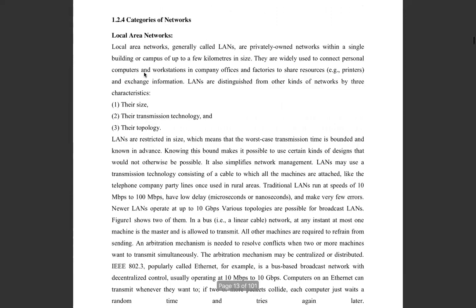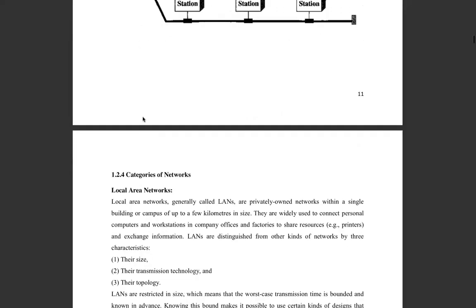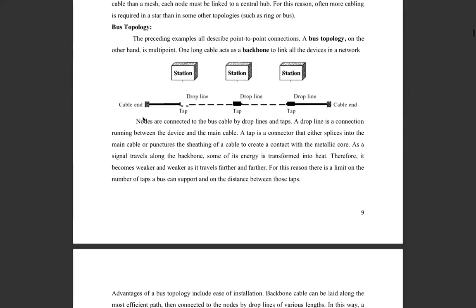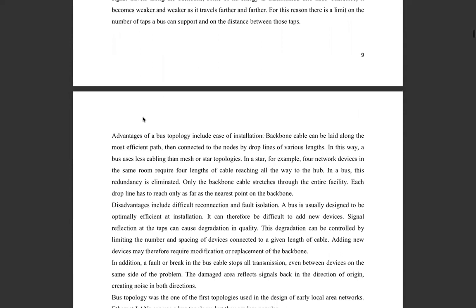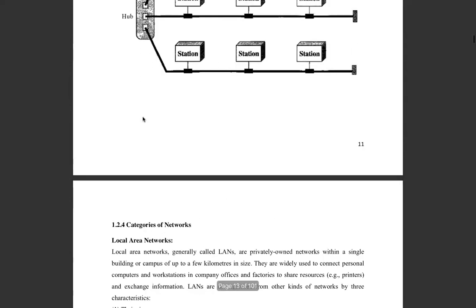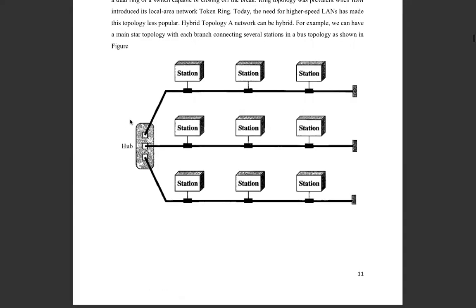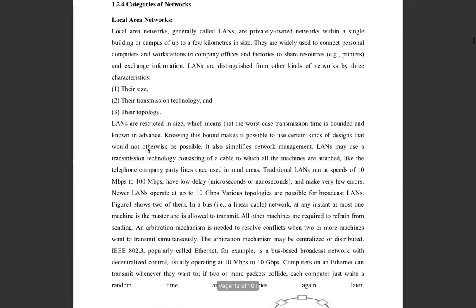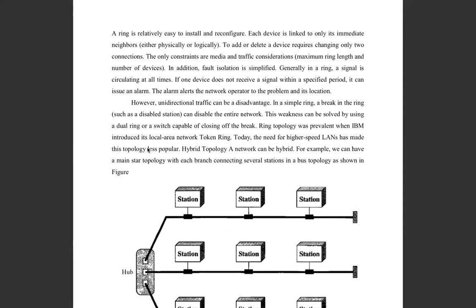We are going to learn up to bus topology. So you are going to learn up to here. The next time we come, we are going to share our ideas on how we understood each of them.